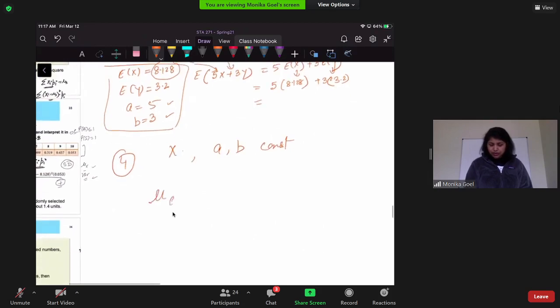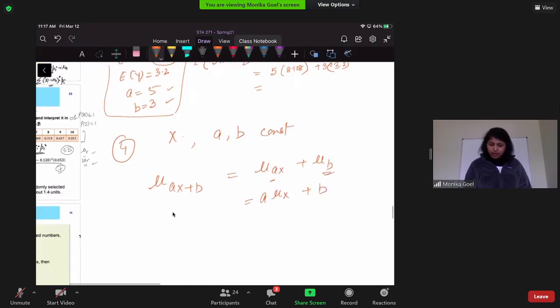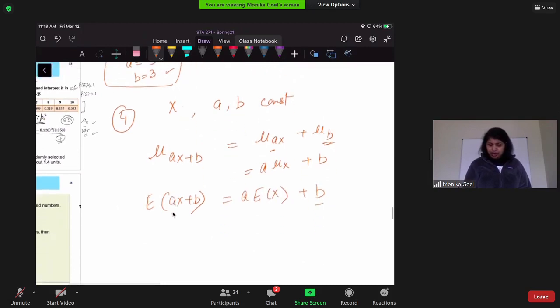So we are looking for ax plus b is mu ax plus mu b. And we know that this is a mu x plus b, because you don't have another random variable. A times expected value of x plus b, because we do not have another random variable, so you just write the constant.